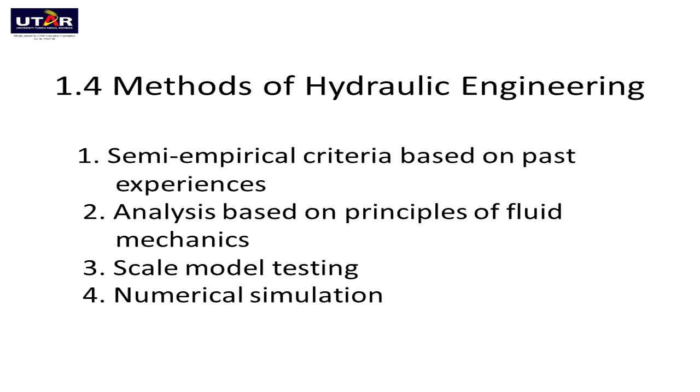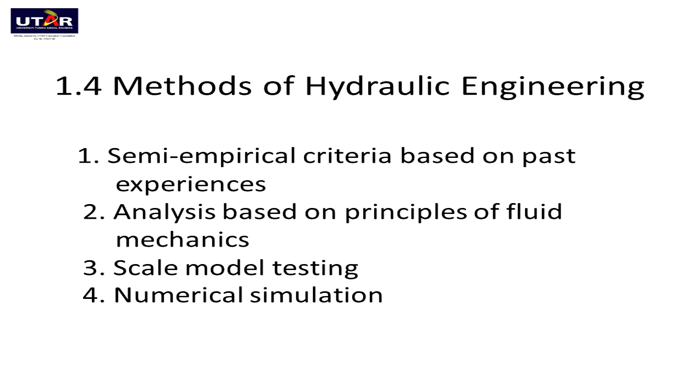There are a few different methods used in hydraulic engineering. The first is the semi-empirical criteria based on past experiences and knowledge, such as safe flow speed and depth for natural rivers.